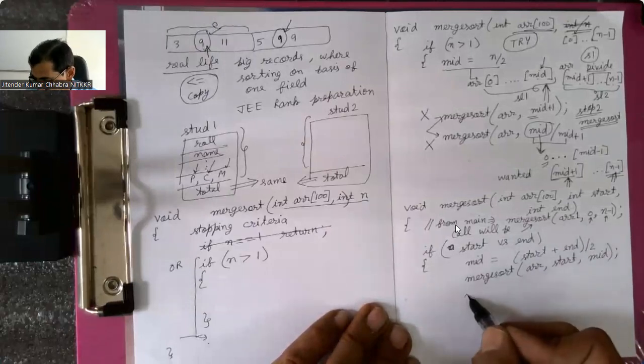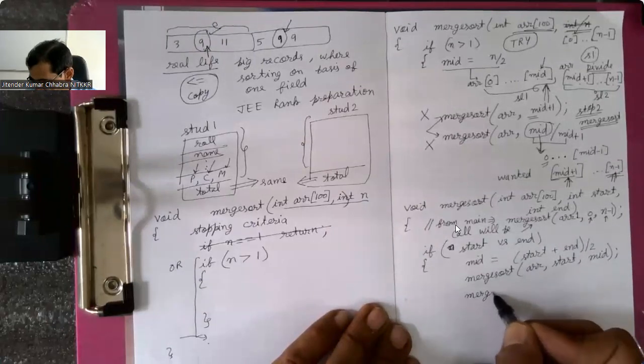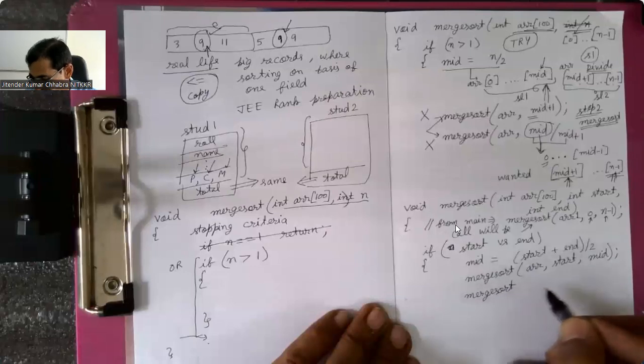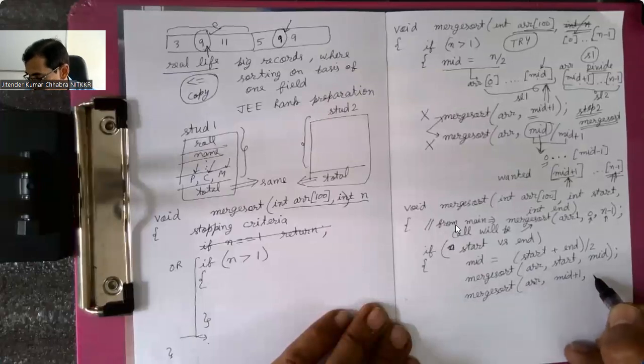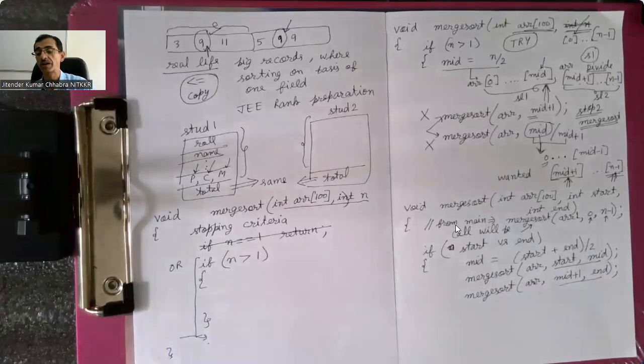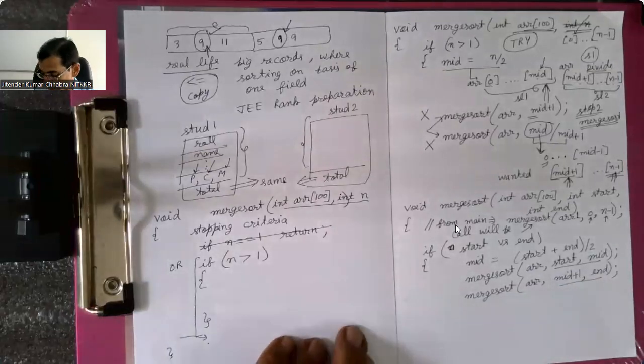What about merge sort 2, or merge sort for the second sublist? Second call will come with ARR. From mid plus 1 onwards, it should go, and the last element is at end. So now I am able to call recursively the list with correct indexes.